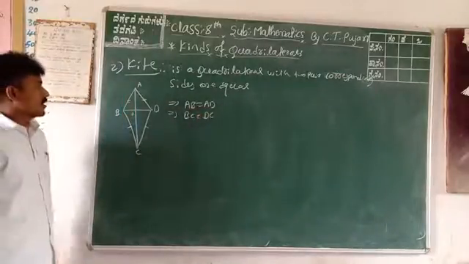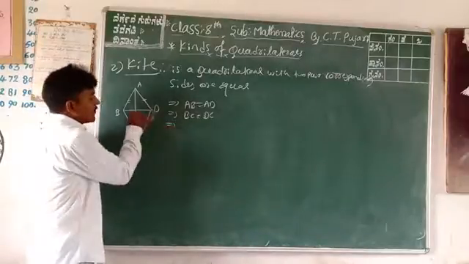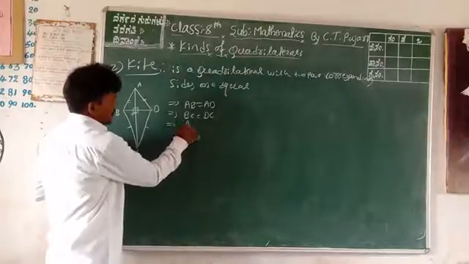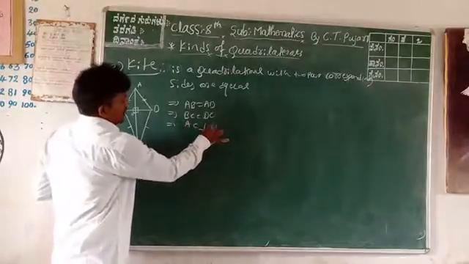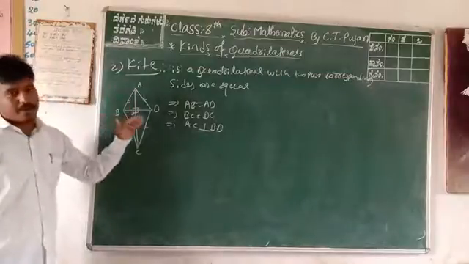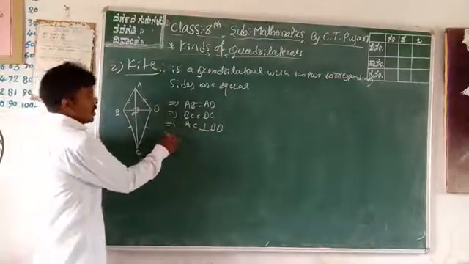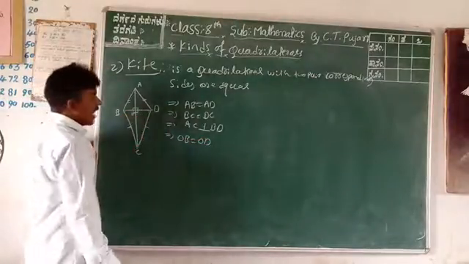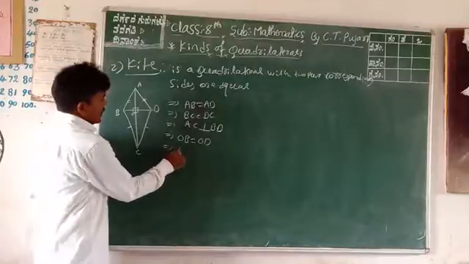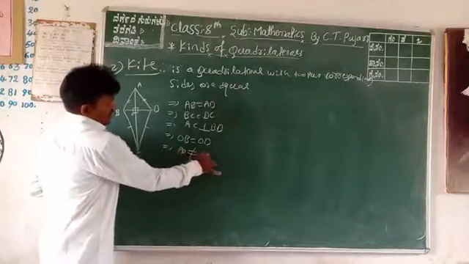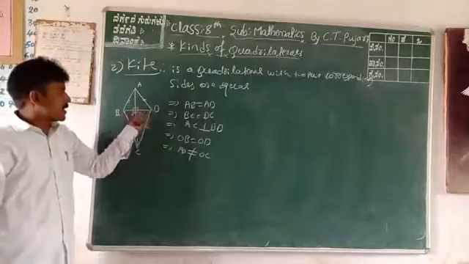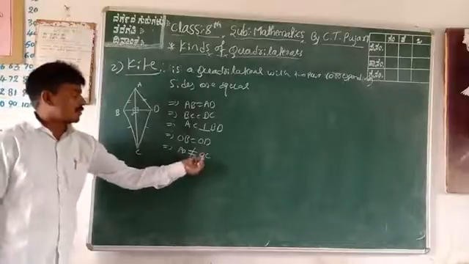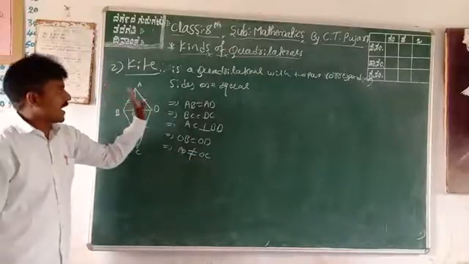Also, the diagonals are perpendicular: AC is perpendicular to BD. These two diagonals intersect perpendicularly, and OB is equal to OD. These two are equal, but AO is not equal to OC. One diagonal is bisected, but the other diagonal's parts are not equal. AO is not equal to OC. These all are characters of the kite.